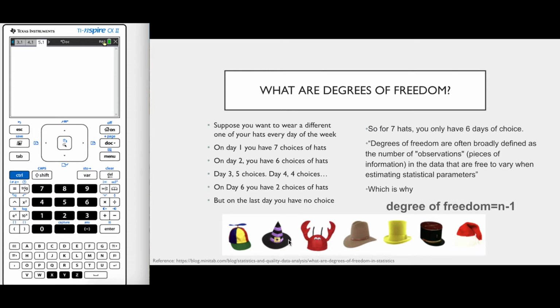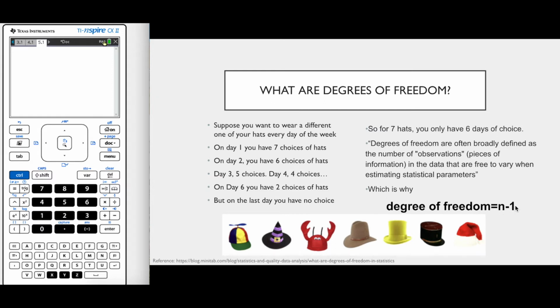So all in all, degrees of freedom are just the number of options we have, or the number of pieces of information, minus 1. So we had 7 hats, and 7 minus 1 is 6. So we had 6 days we could choose something. So all this beautiful explanation to say that the degrees of freedom are simply the number of choices we have, minus 1.